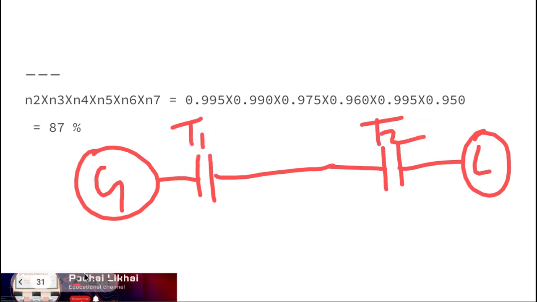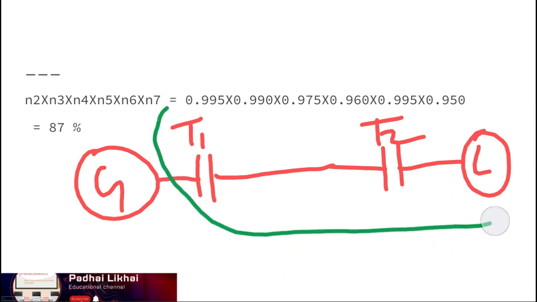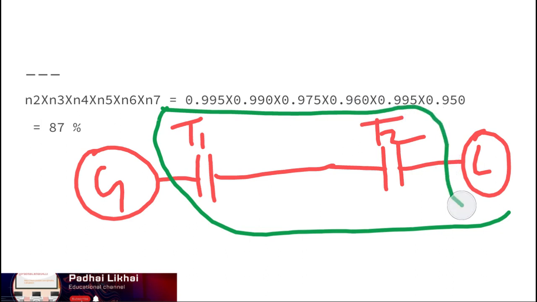See, the cascade efficiency is talking about efficiency from this to this. It is excluding the efficiency of the generating station. It is also excluding the efficiency at the consumer end.